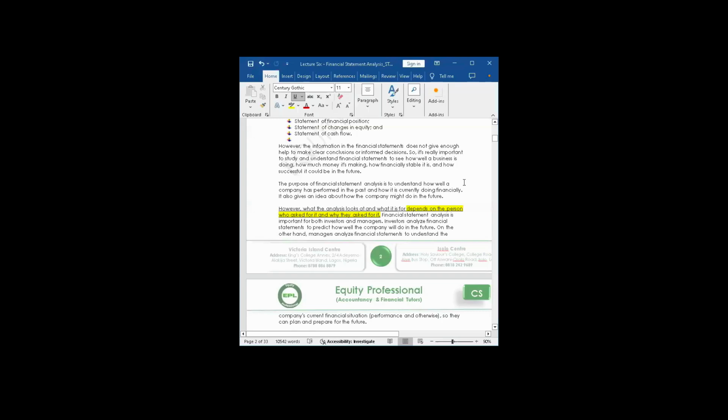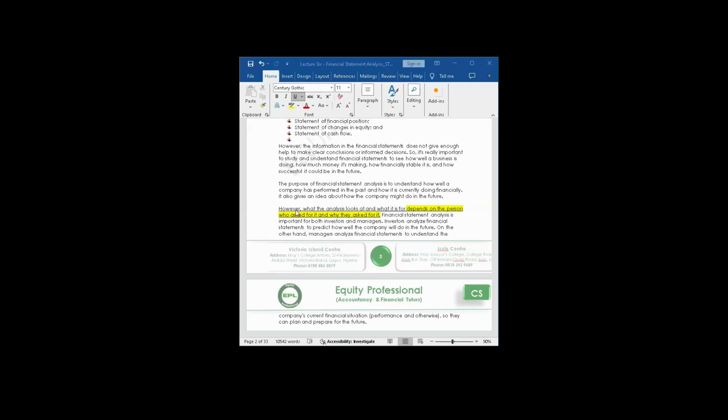And what I mean is that a financial statement requirement might just give you the user, that group or that person who has requested the analysis, and nothing else. They will just give you that information and nothing else.